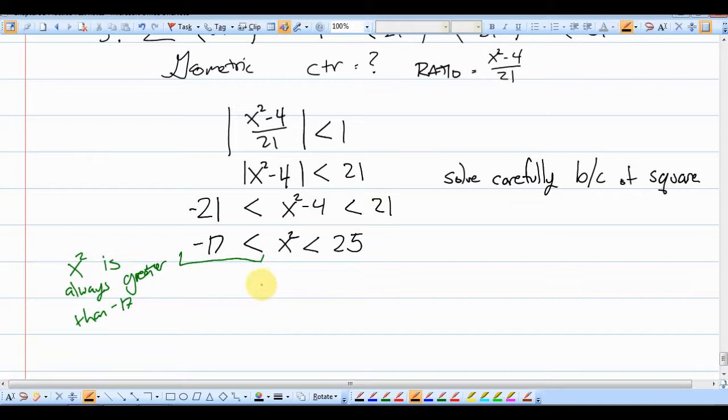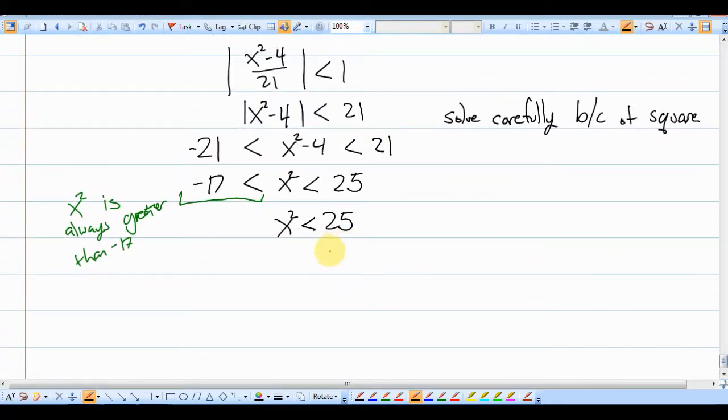So all this really says is x squared needs to be less than 25, which means the absolute value of x needs to be less than 5. Interval of convergence: negative 5 to 5.